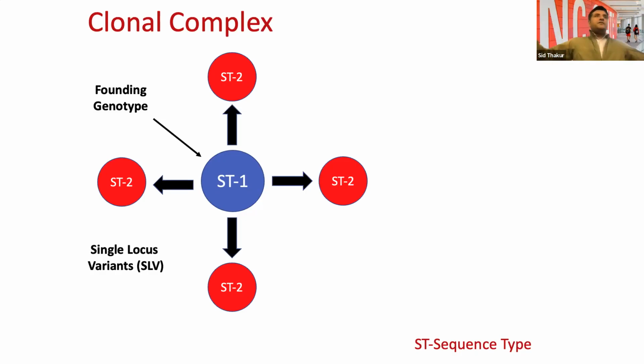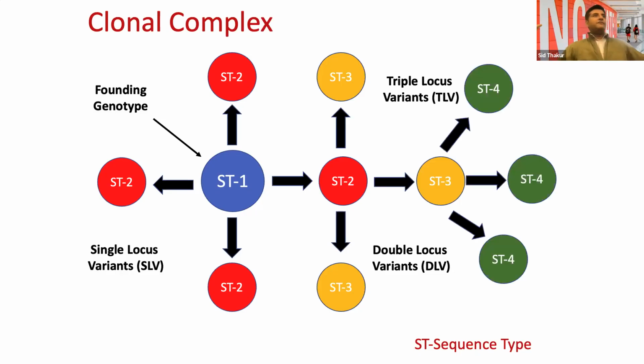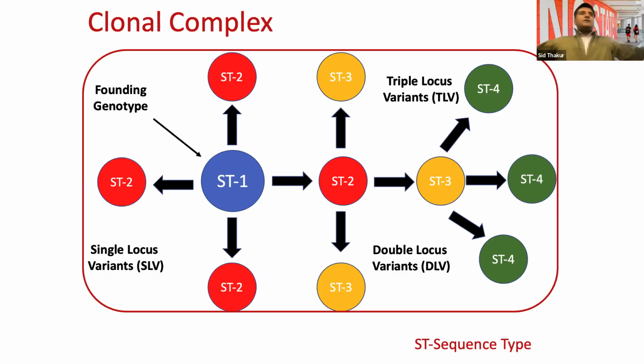Then eventually over a period of time, this ST2 will start to further diversify. I'm talking about your granddaughter, and we call them ST3. Eventually over a period of time, they will also become ST4. They're just accumulating genomic changes, and so they keep evolving, but they are still part of the same ancestry, and that ancestry is something we call the clonal complex.